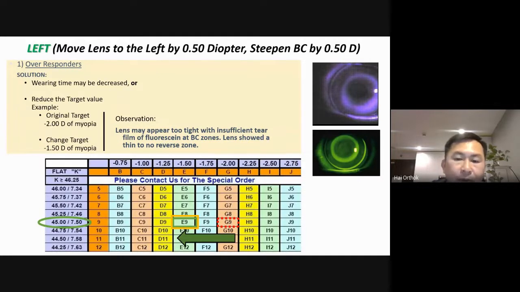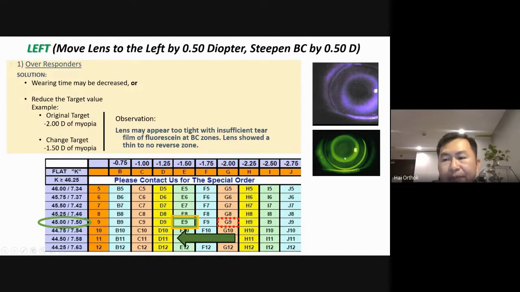For example, after 1 or 2 weeks, this patient is over responding. That means the eye is responding well, and I have to use a lens with less power. So even though the eye is -2 with K45, it's over responding, so I have to use a lens with less central flatness.